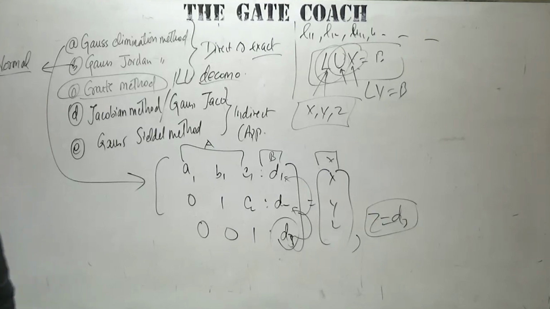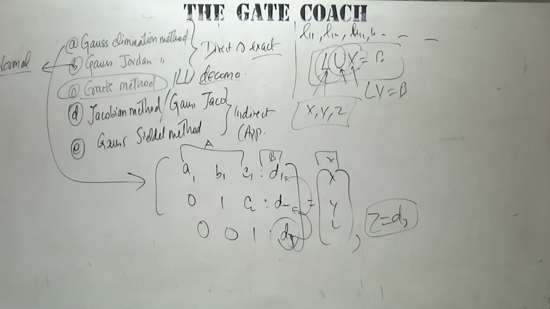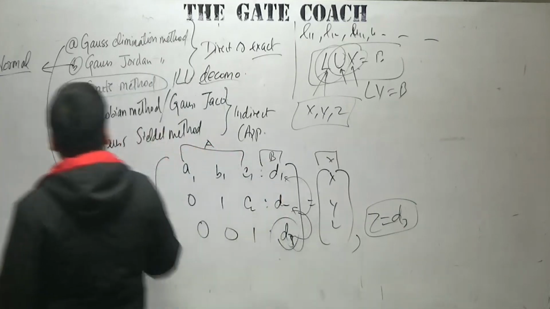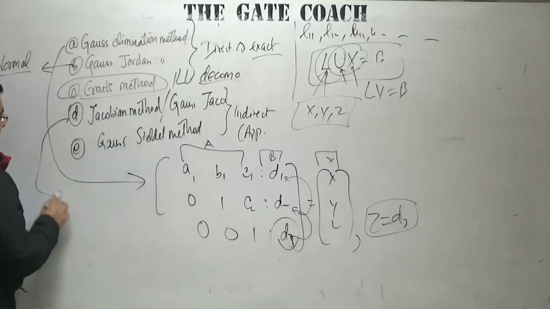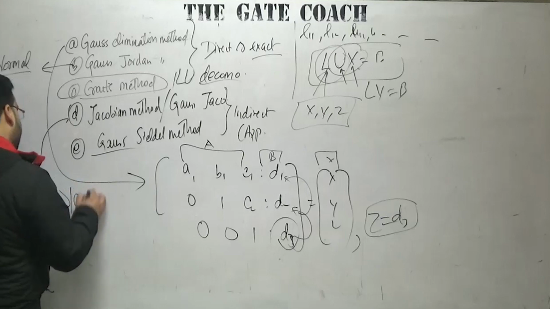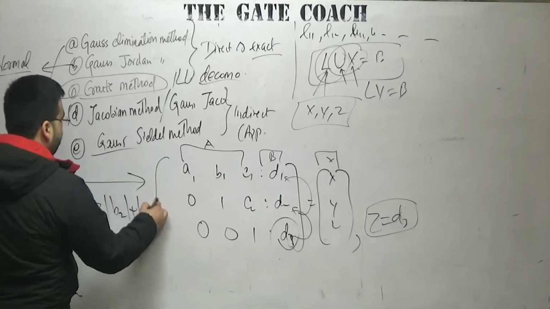Then we have the Gauss method, which is also called the Gauss-Jacobi method. For this method, I told you that we have three conditions to make. The first condition is for the Gauss-Jacobi method, and this condition is also applicable for the Gauss-Seidel method, that mod of a1 should be greater than mod of b1 plus mod of c1.